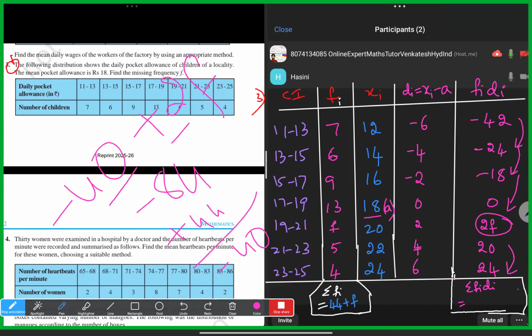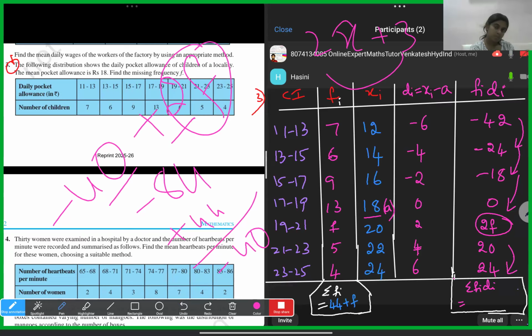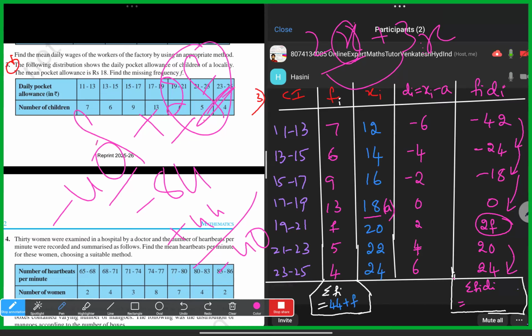You cannot add 40 and 2 because 2 is multiplied with f, a variable. For example, if you have 2x plus 3, can we add 2 plus 3, Hasni? No, sir. Because 2x cannot be a like term with 3. If 3 also has x then we can add. Here f is there with 2, so if 40f is there then we can add 40 plus minus 40.